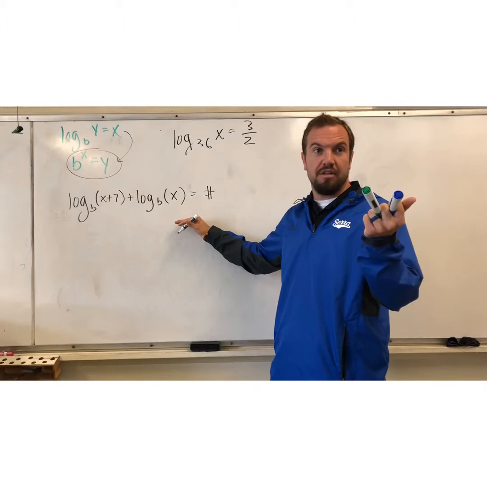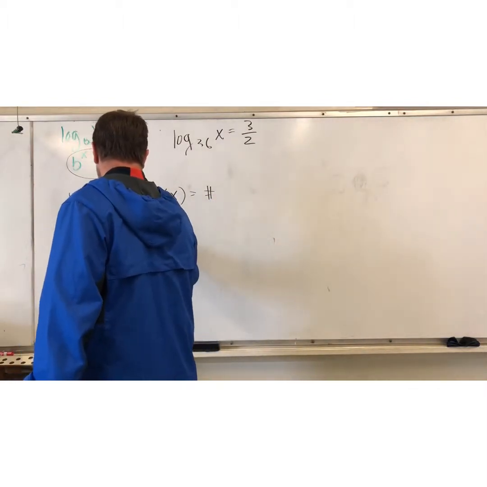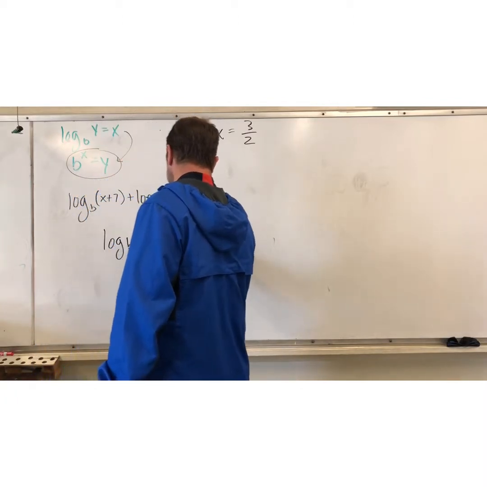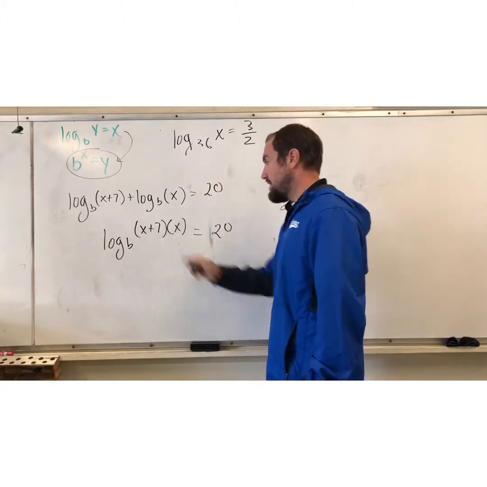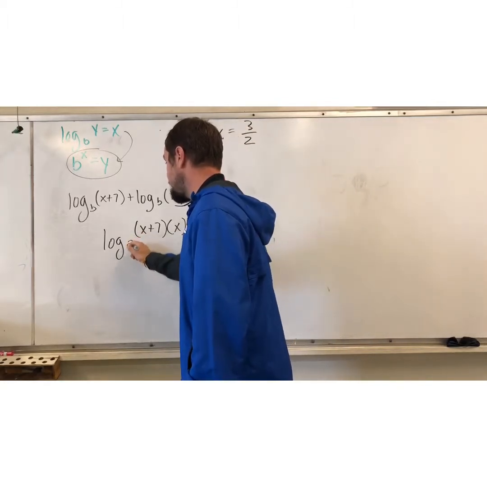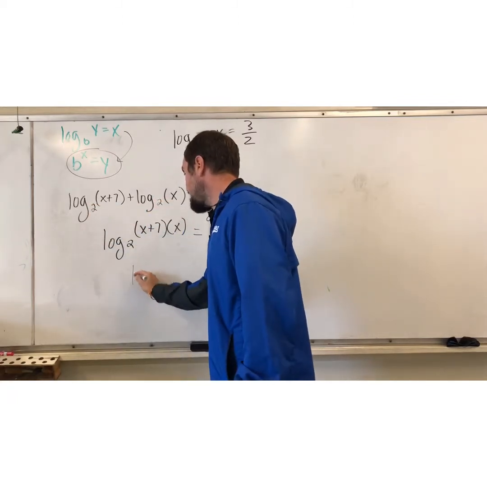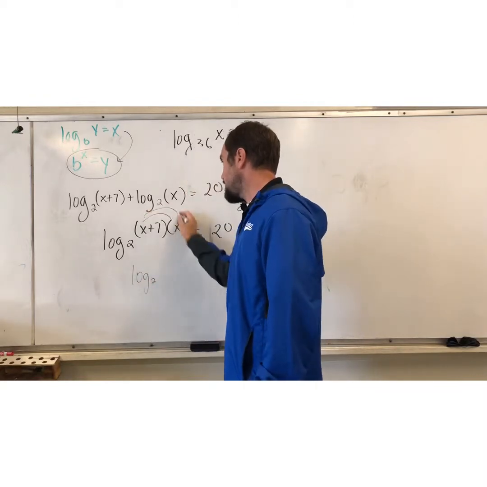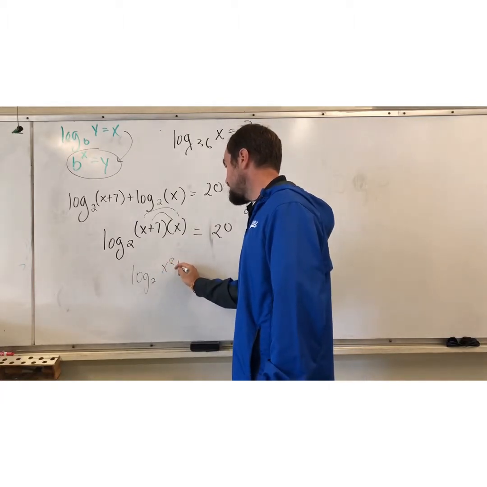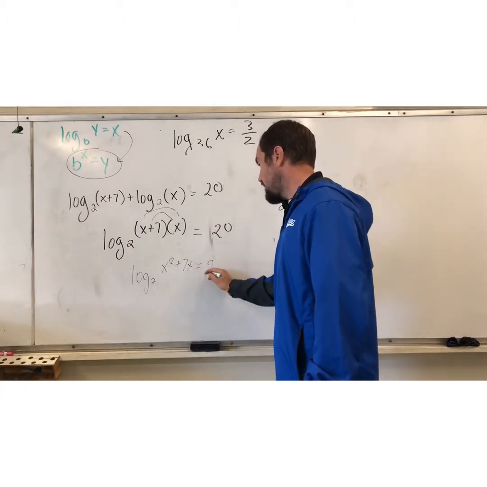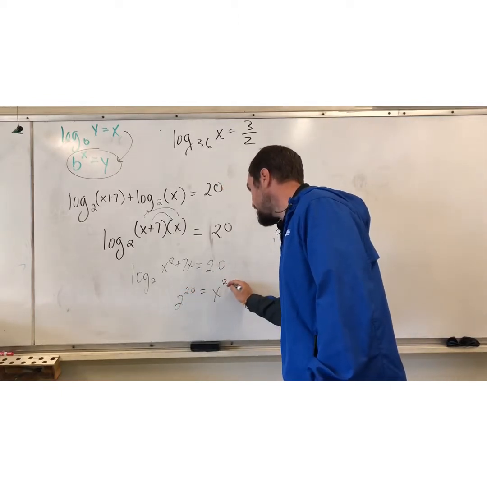The product rule deals with multiplication. So I could have said this is log b of x plus 7 times x is equal to that number. Let's just give it a number, say 20, and let's give the base a number, 2. We want the bases to be the same. So I would have log base 2. You would distribute here and say that's x squared plus 7x is equal to 20. And then you have 2 to the 20 is equal to x squared plus 7x.